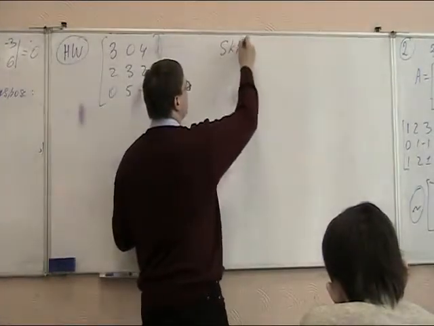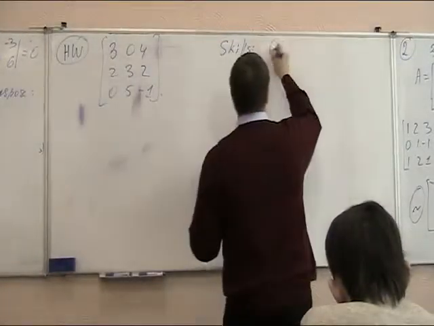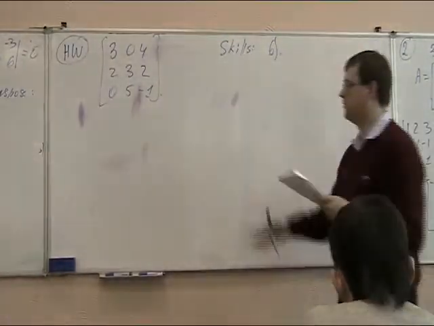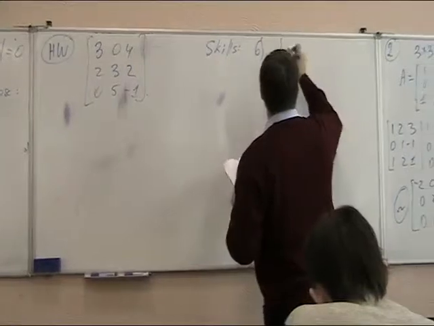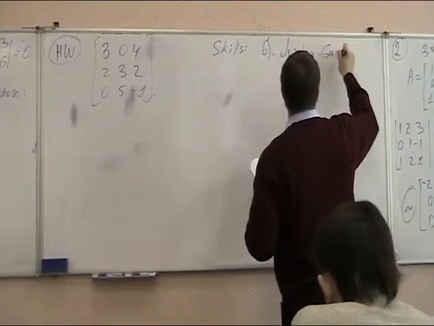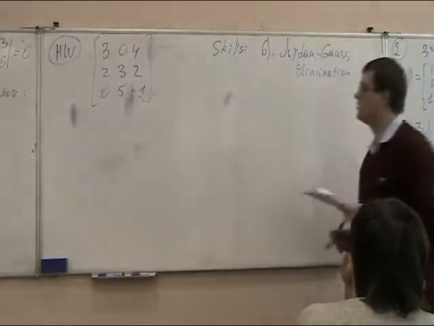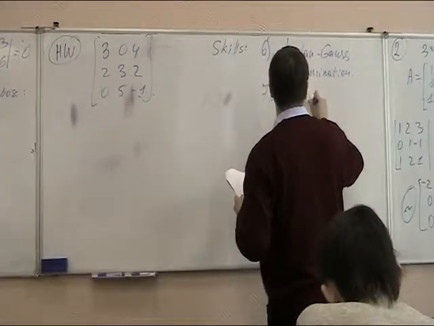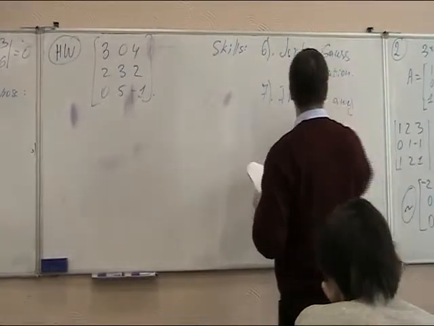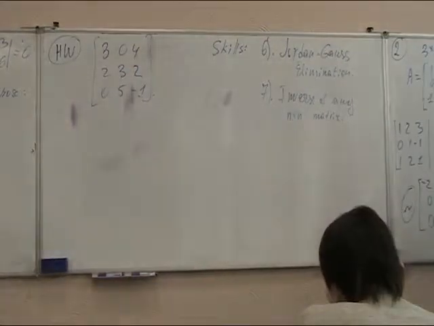Now we get back to the skills that we have to know. This is number 6, Jordan-Gauss elimination. The number 5 was after the first example. And number 7, you have to know how to find by Jordan-Gauss elimination the inverse of any n by n matrix.